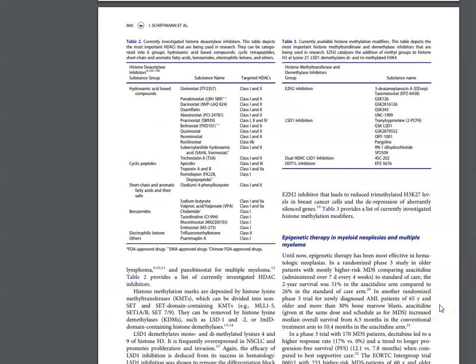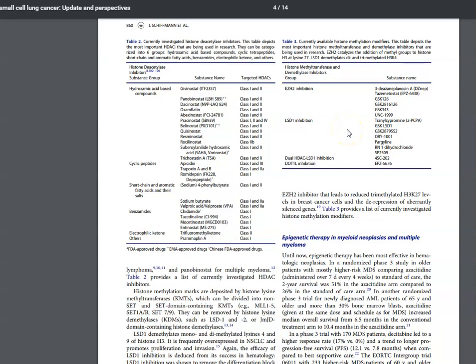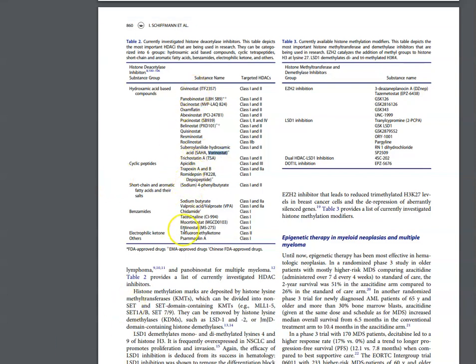And this is just a screenshot from that review that I showed you earlier, the Schiffman paper, and it identifies the main groups of histone deacetylase inhibitors, the ones that you'll see mostly in experimental therapies. Vorinostat is quite widely used. You see lots of these others used in experimental cell culture and in vivo animal studies.